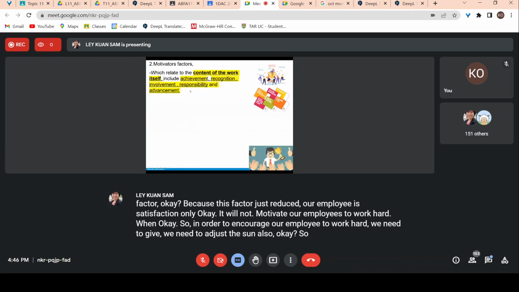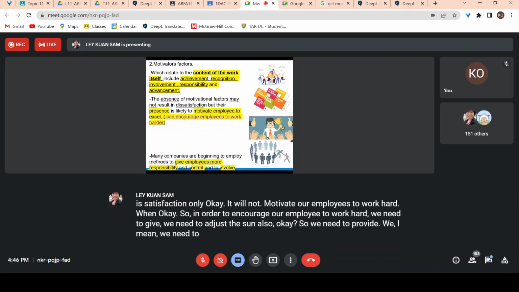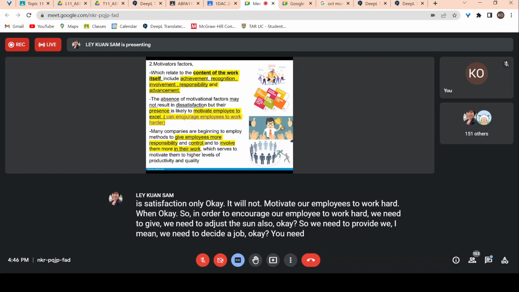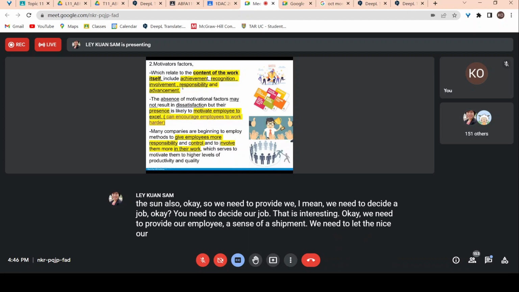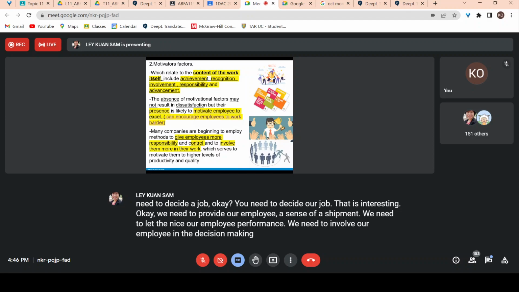Okay, so we need to design a job. Okay, we need to design our job to be interesting. Okay, we need to provide our employee a sense of achievement. We need to recognize our employee's performance. We need to involve our employee in decision making. Let them feel that they are a part of the company.